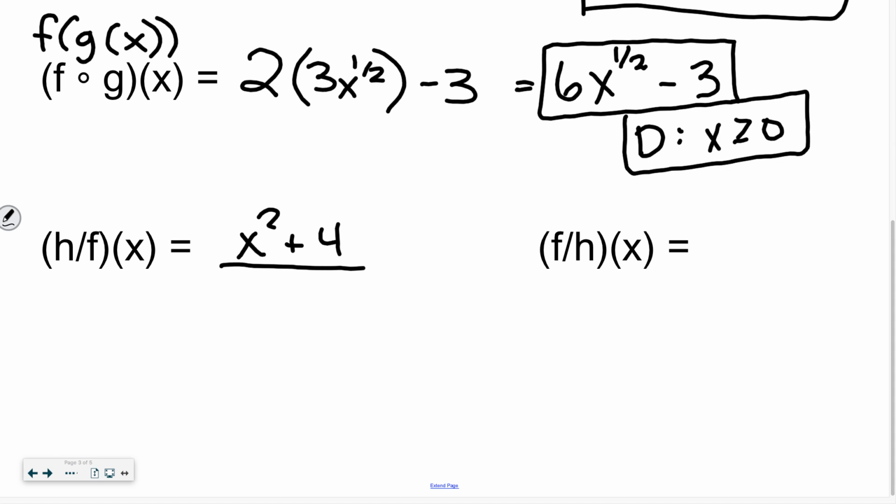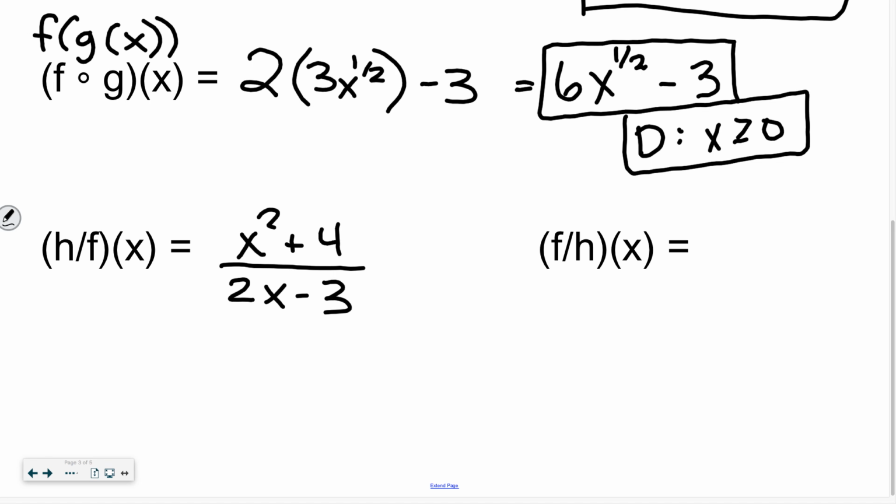And we're dividing by f, which is 2x minus 3. Now be careful on these division problems. We talked about this back in chapter 4. In order for you to be able to do any kind of canceling, they have to be factors that are the same. 2x minus 3 doesn't factor at all.